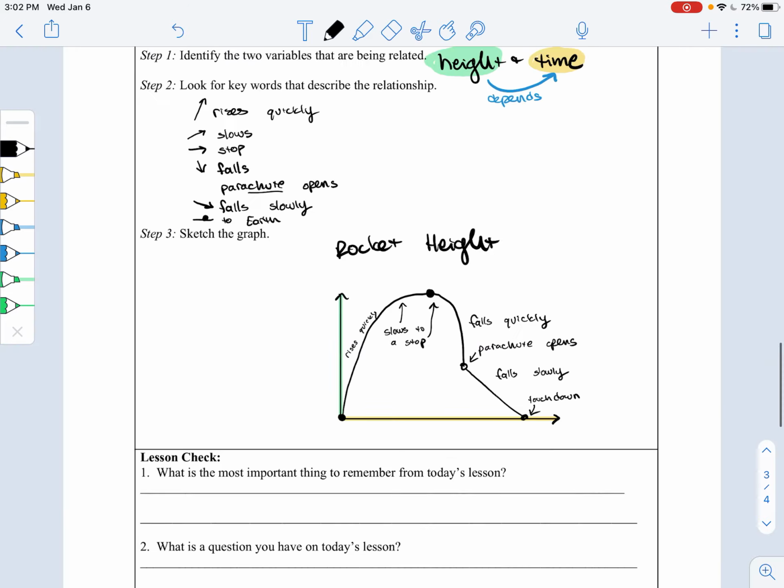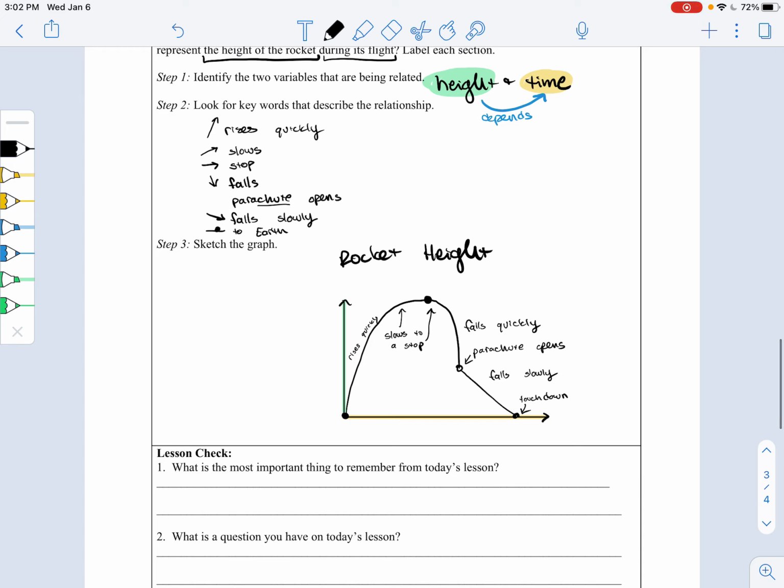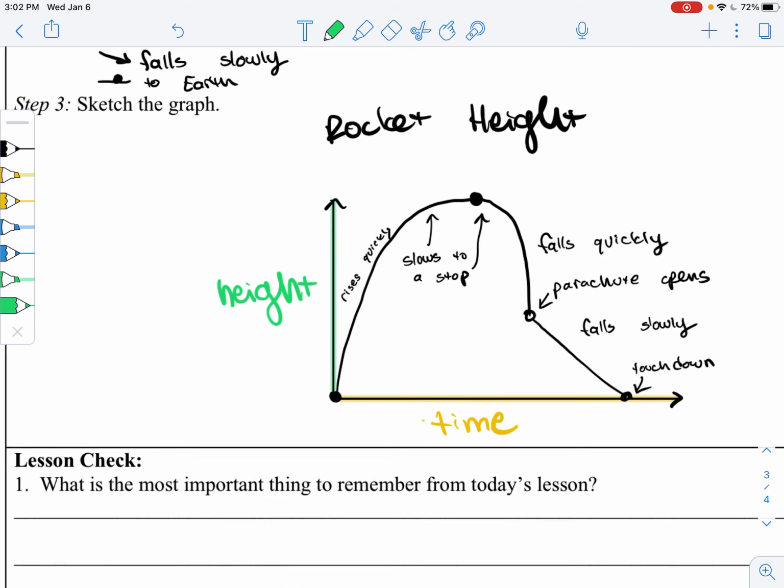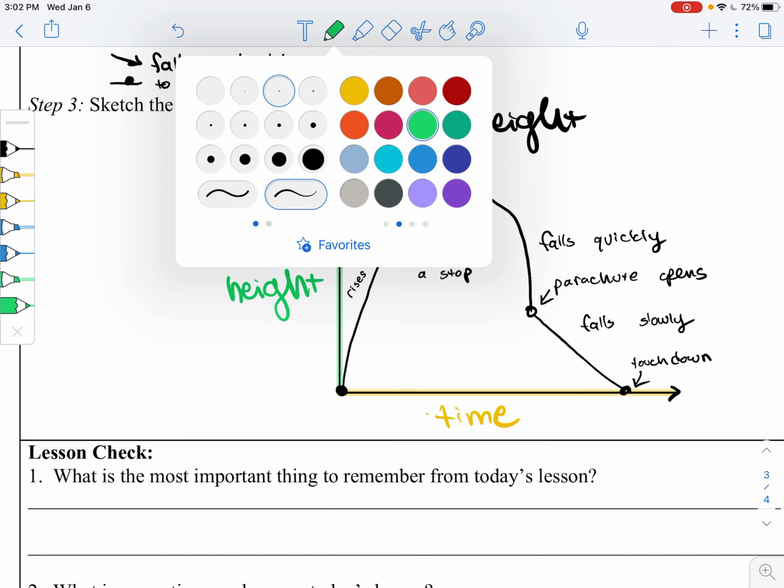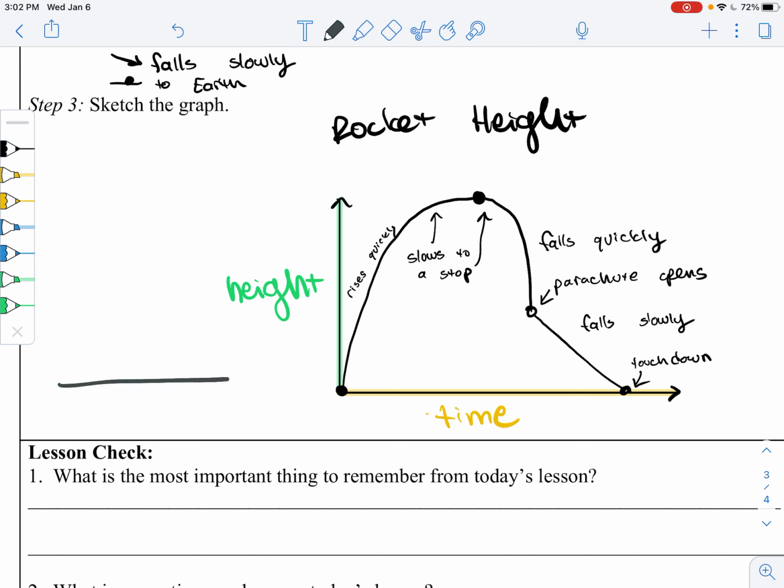Okay, so our two variables are height and time. Time, we said, was our independent variable. So over time, we have the height of the rocket. Now notice that what's happening to our rocket is we've got our ground. Okay, here's our ground. Cool. And here's going to be a really awesome picture of a really awesome rocket, with some fins and stuff.